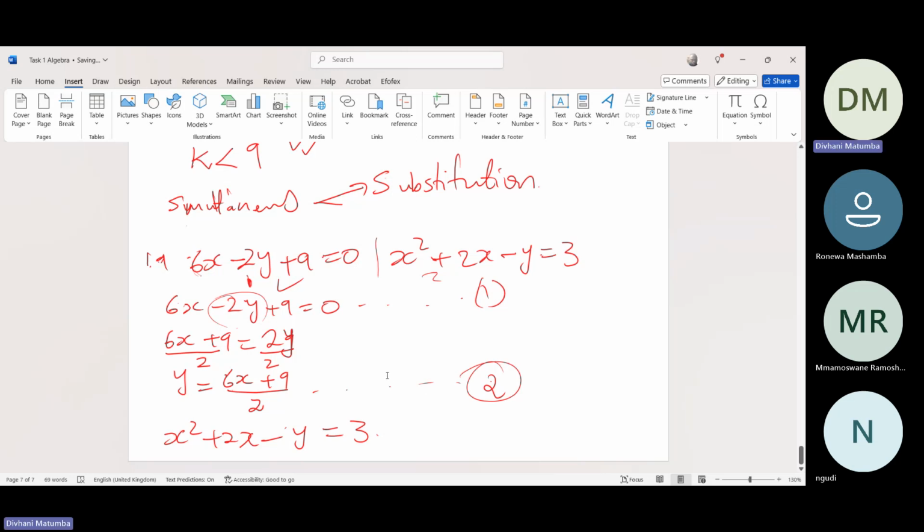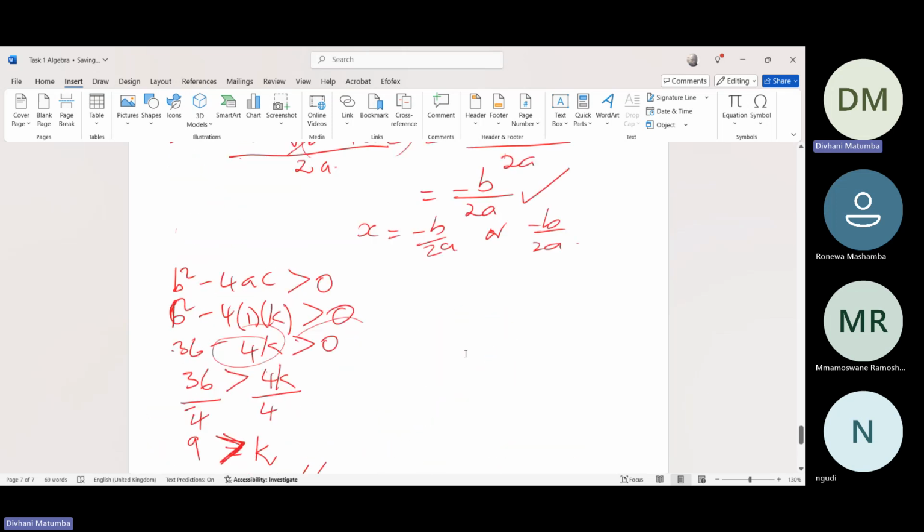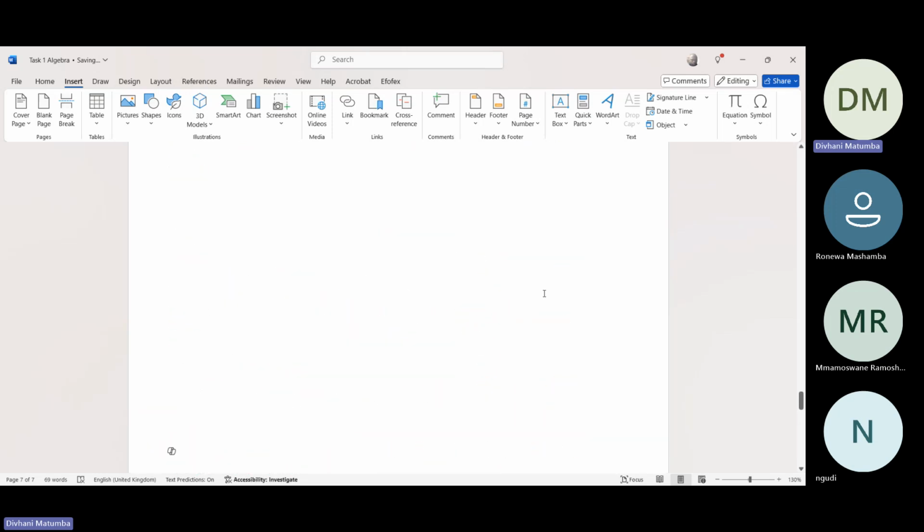Yeah, so I'm just gonna go to the top. Given that I have equation 2, I'm gonna make this equation 3. So I'm gonna substitute 2 in 3.